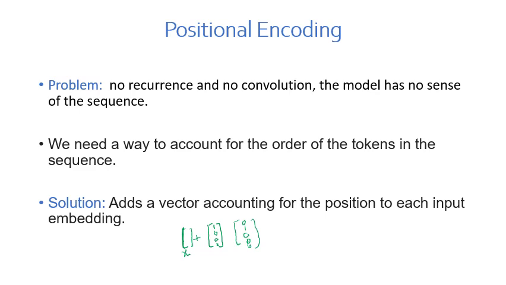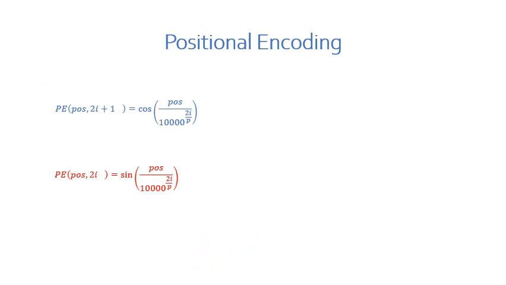I just need to come up with a way for a vector to capture the position, and whatever this representation of the position is, I'm going to add it to my word representation. The solution that they came up with is not the only possible solution, but it's a solution that works, and it's a wise solution: to define a continuous function which captures the position.